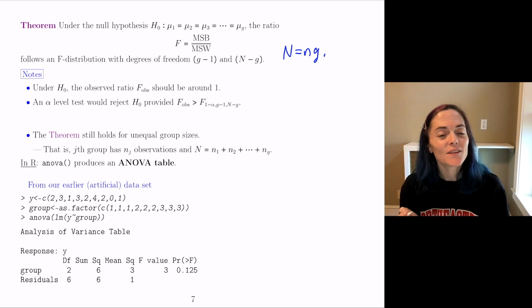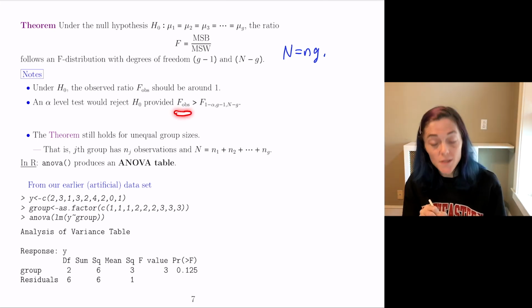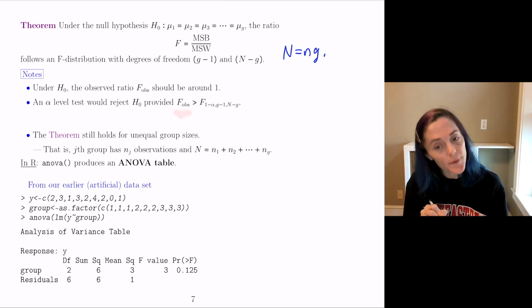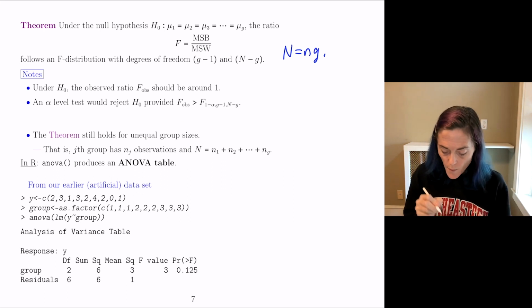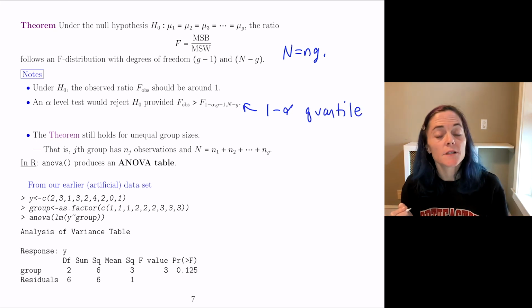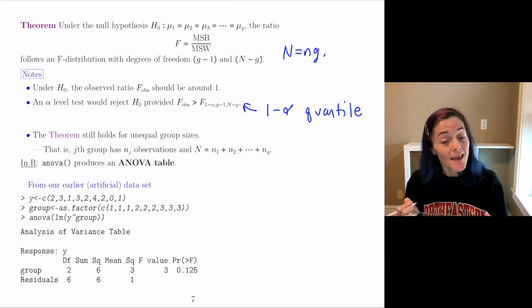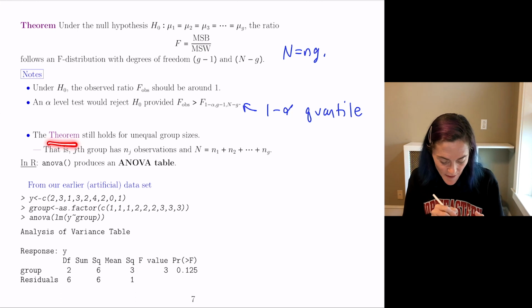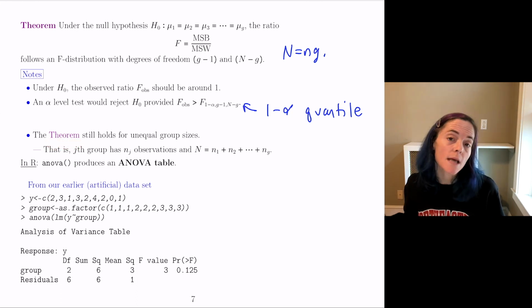An alpha level test would reject H0 provided your observed statistic is bigger than this F sub 1 minus alpha. This is the 1 minus alpha quantile for this F distribution with g minus 1 and N minus g degrees of freedom. The other thing I'll mention is that the theorem still holds for unequal group sizes.